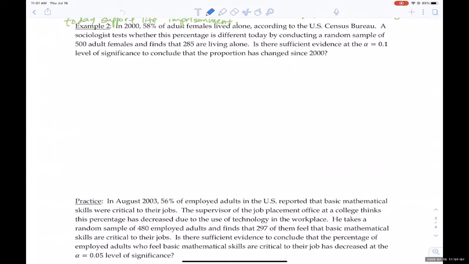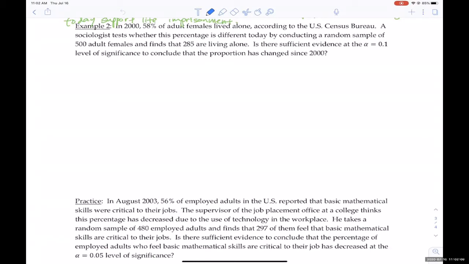Example number 2. It says in 2000, 58% of adult females lived alone, according to the US Census Bureau.